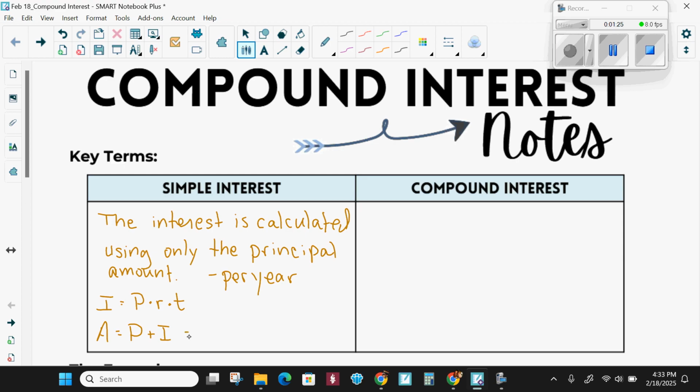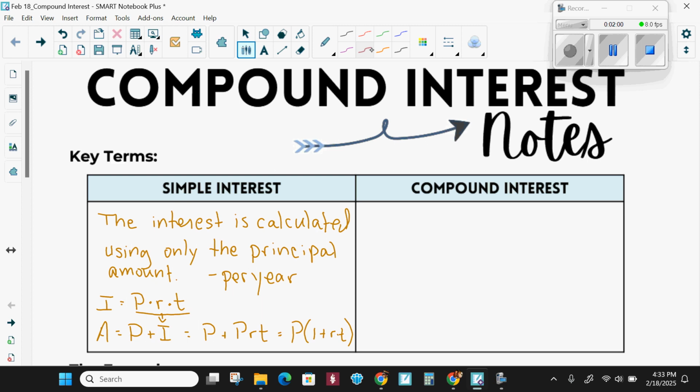So this can be written as this equation. So you plug in the PRT into the I, plug all of that in there. And since you have a P in both, you can simplify this into P times 1 plus R times T. Okay, so you can simplify it that way also. So any one of those three would work with finding the total amount.